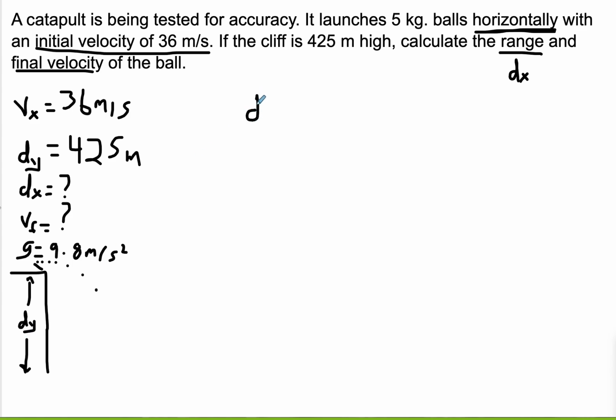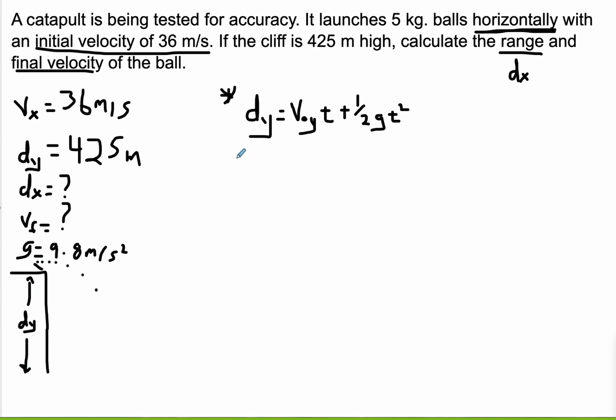So I can use this equation: dy equals original velocity in the y times time plus 1/2 gravity times time squared. So this, you guys, should always be the first step. If you're not given the time in air, just find it. And it always depends on the height.